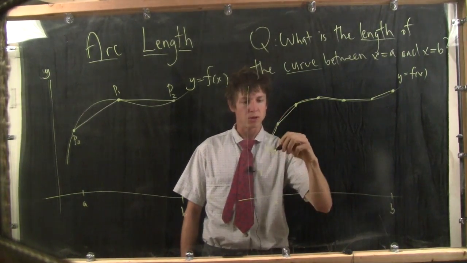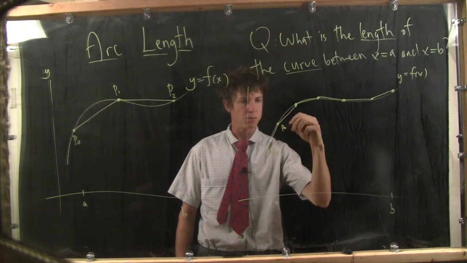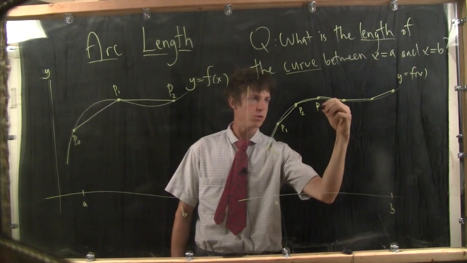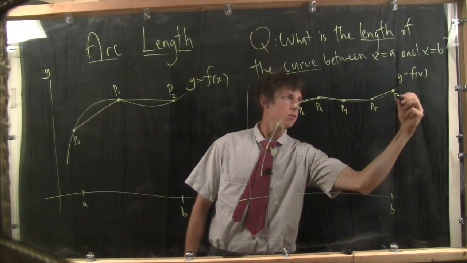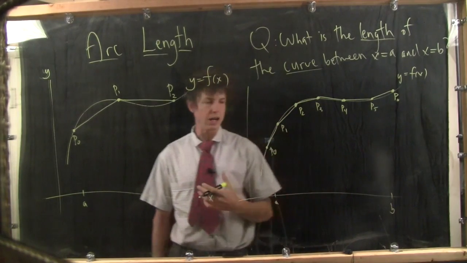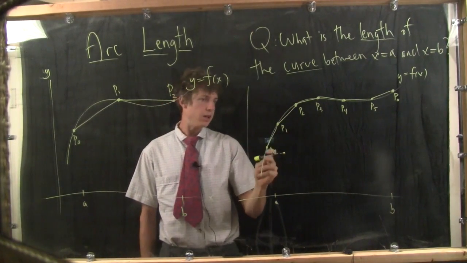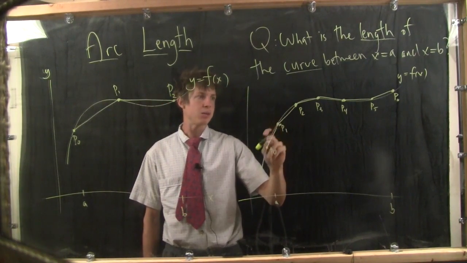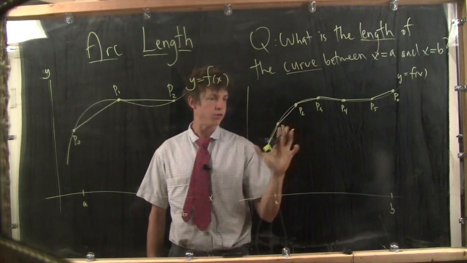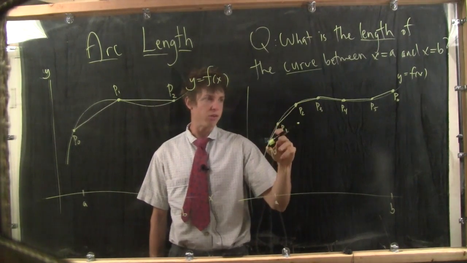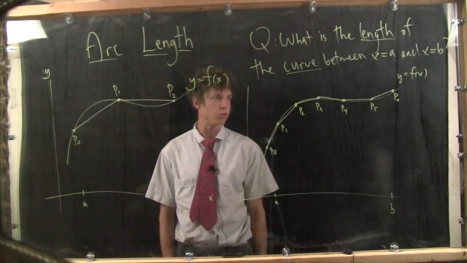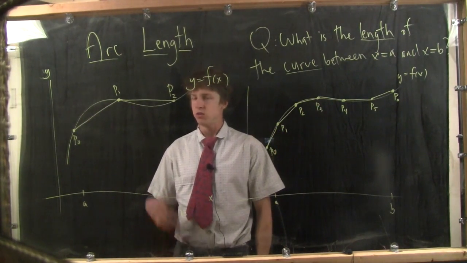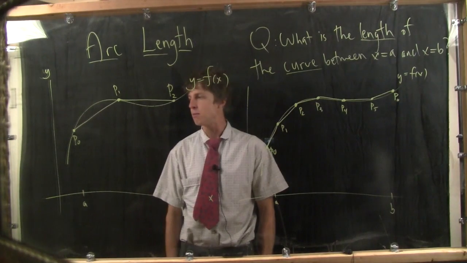So you have P0, P1, P2, P3, P4, P5, P6. And you can just visibly see that here the little line segments are closer to the curve. So if you add up all the lengths of these line segments, you'll get a number that's closer to the truth. So you can probably guess what's going to happen here.